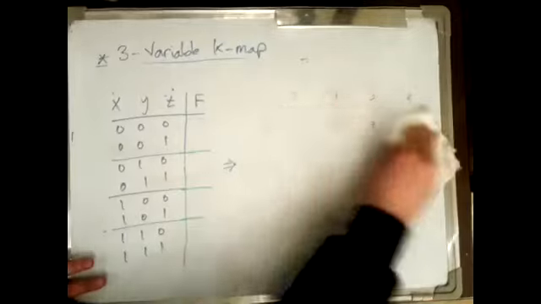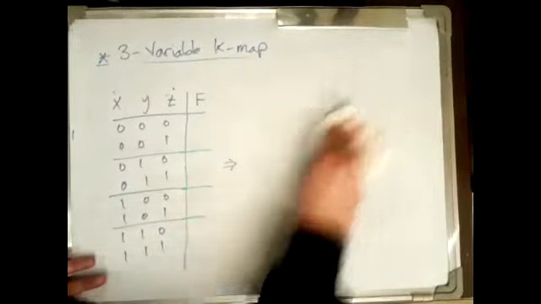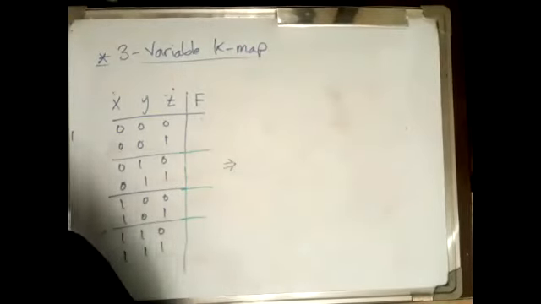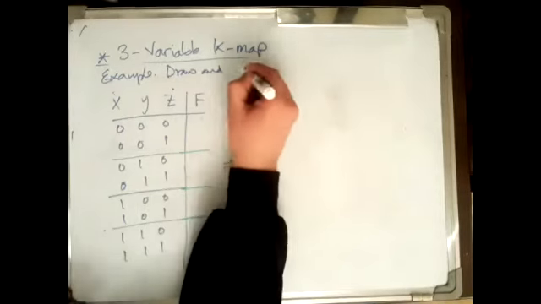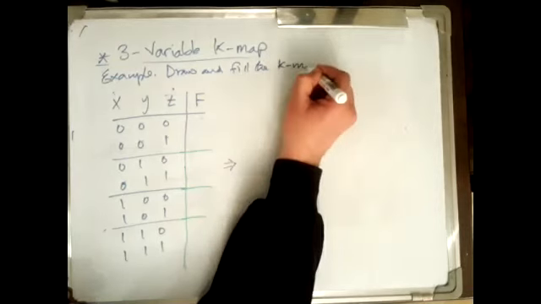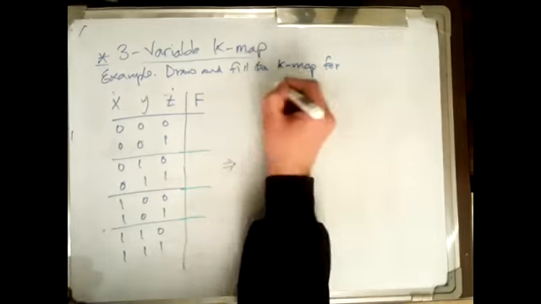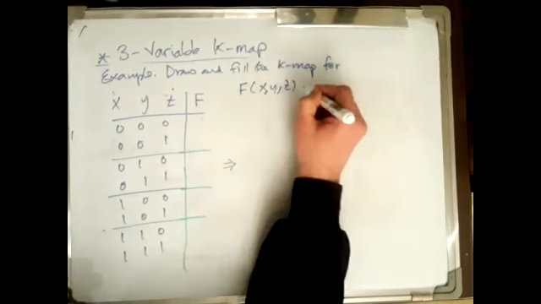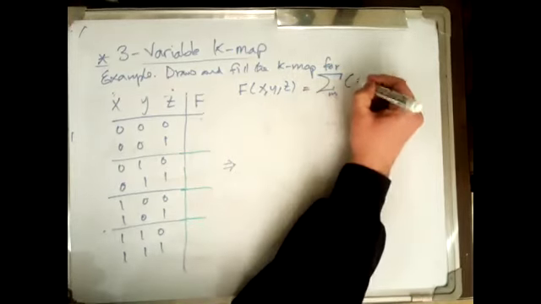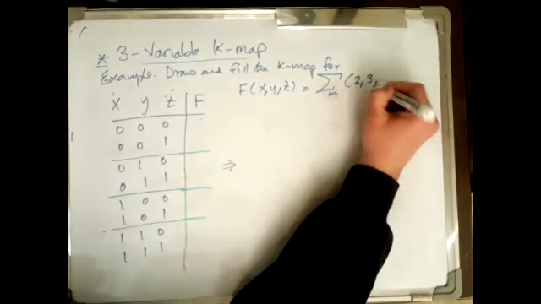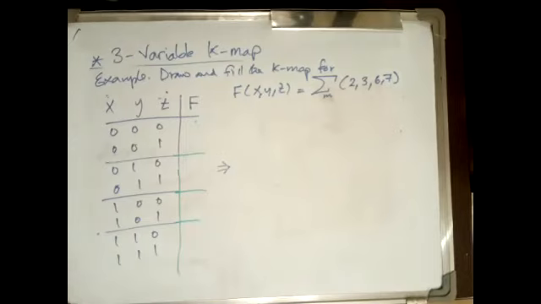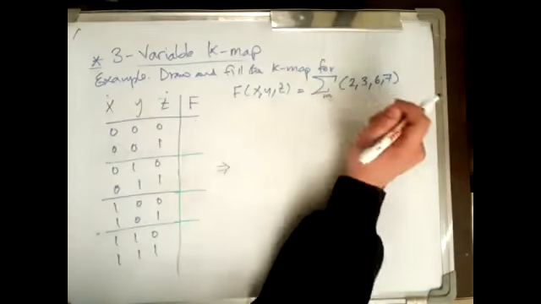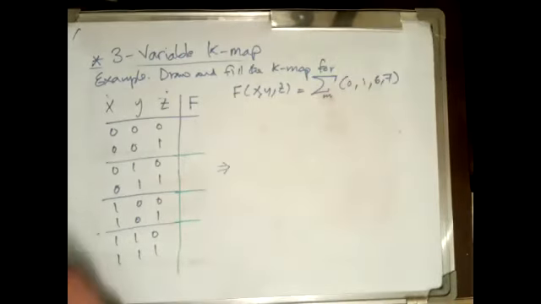So for example, draw and fill the K-map for f of x, y, z equals sum of min-terms 0, 1, 6, and 7.